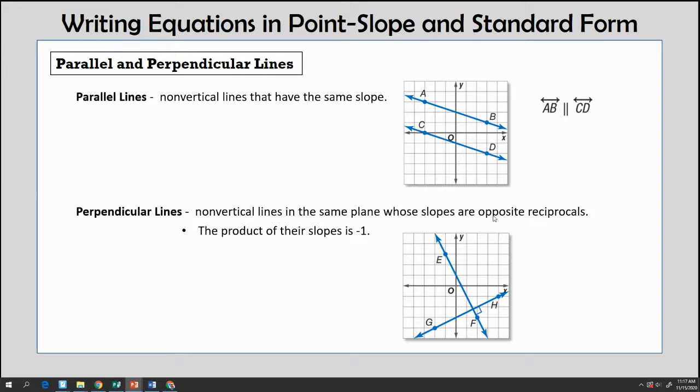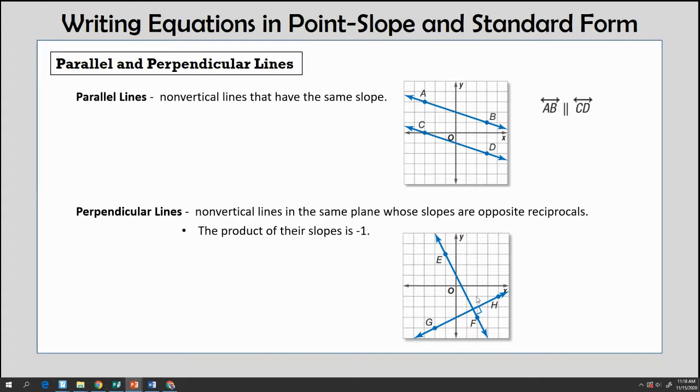The opposite means one's positive, one's negative. Reciprocal means flip their fraction. Now, another way of looking at opposite reciprocals would be if you multiply their slopes together, you get an answer of -1.